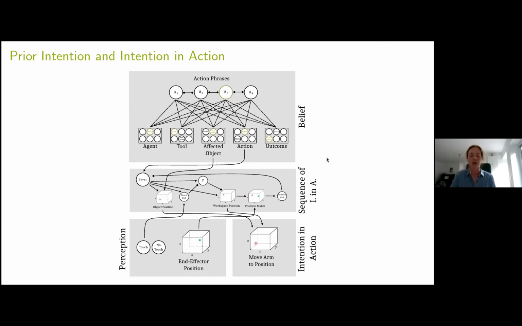When you have an action plan mentally that you would like to press the red button, and once also the sequence of intention and action is activated, the robot would start to move, so that we can differentiate between the fact that we would like to act and that we react. This is a slightly different use of the terms intention and action and prior intention than Jan used in his talk.